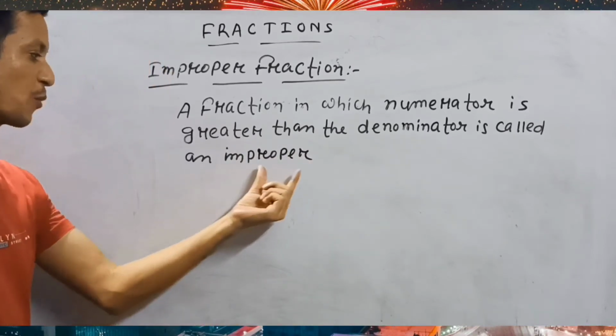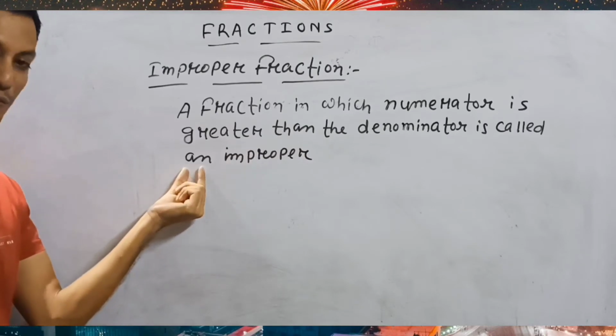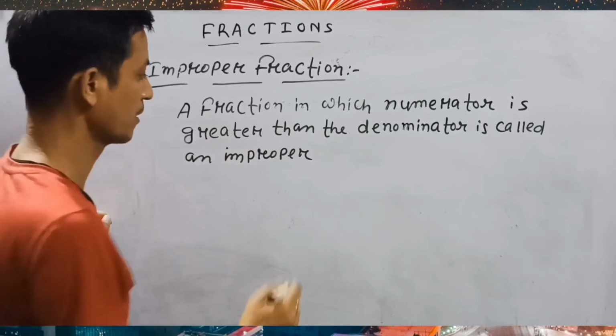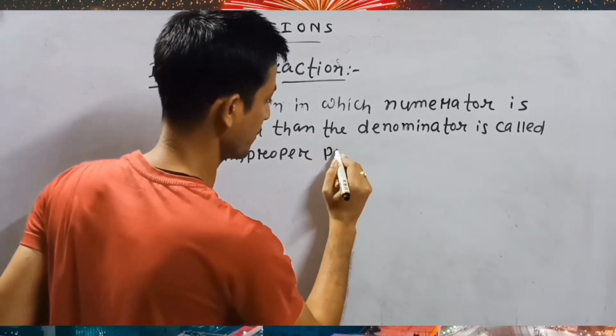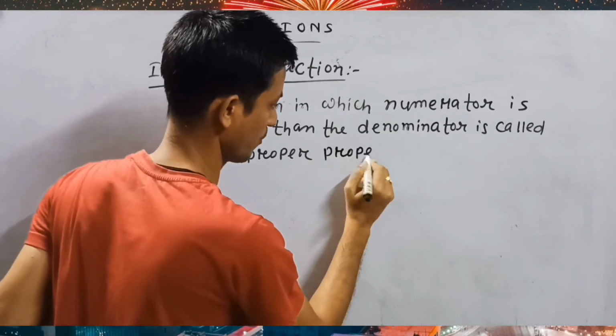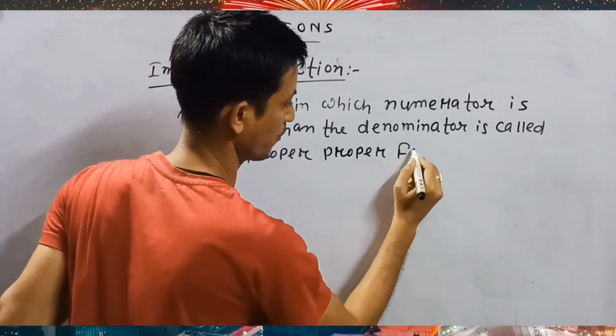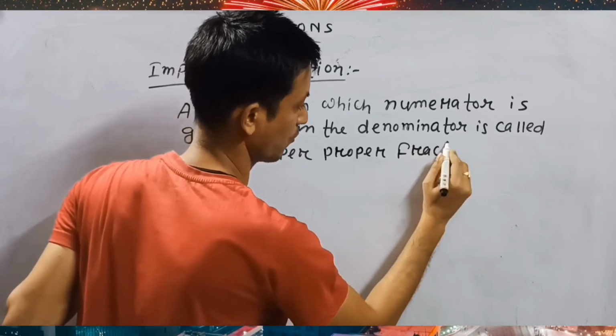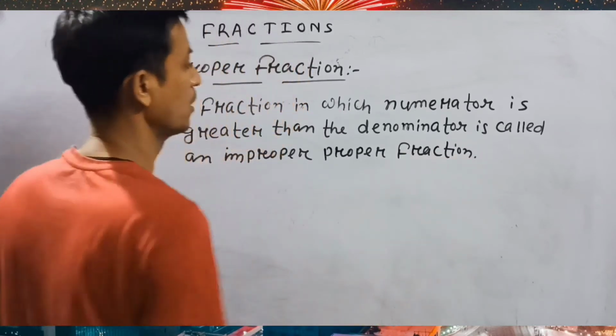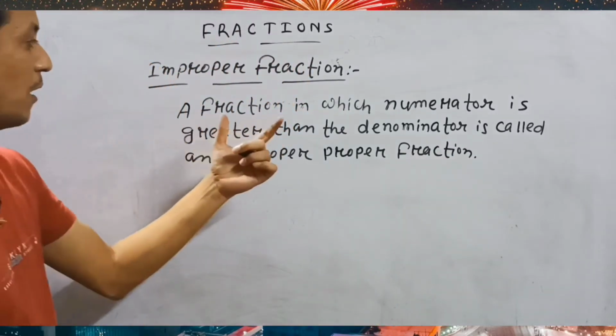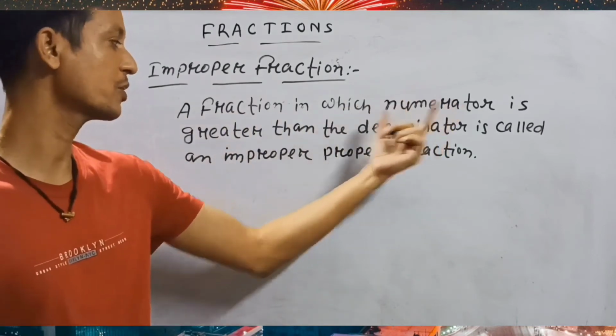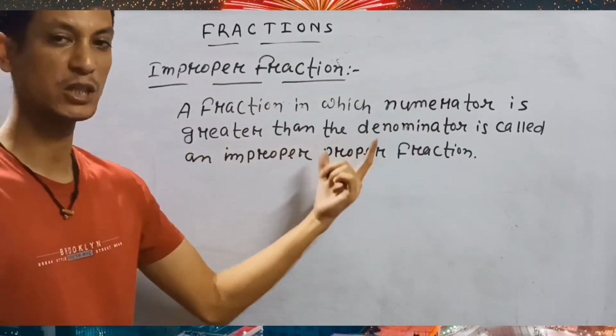Vowel sound, improper, vowel sound, that's why "an". And improper fraction. So a fraction in which numerator is greater than the denominator.